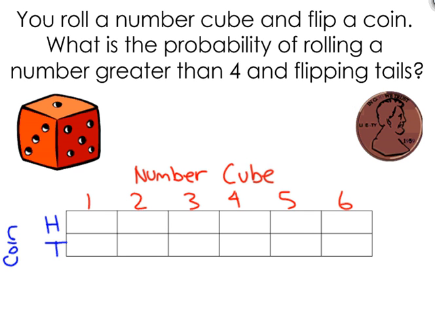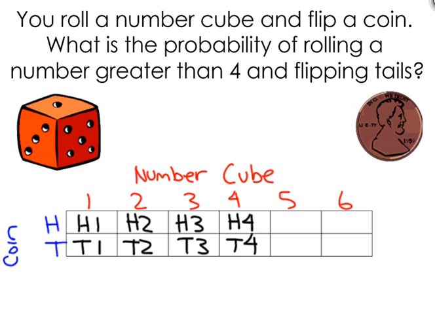And now within the chart for my sample space, I'm going to list off all of those combinations. So I could flip a heads and then roll a 1, or a tails and then a 1, heads 2, tails 2, heads 3, tails 3, heads 4, tails 4, heads 5, tails 5, and heads 6, tails 6.